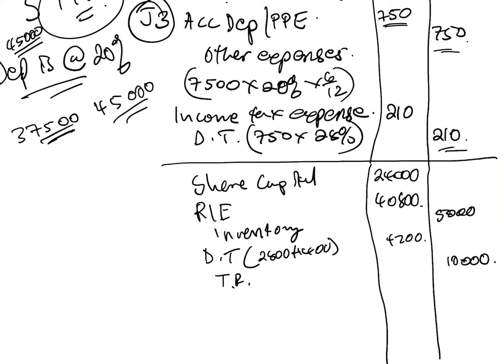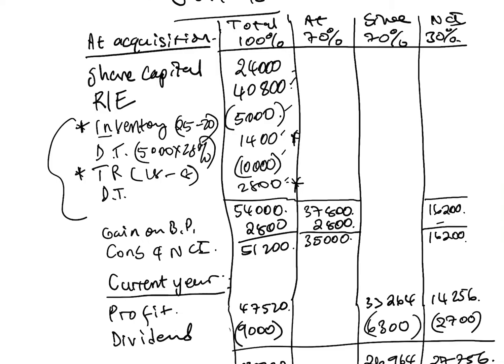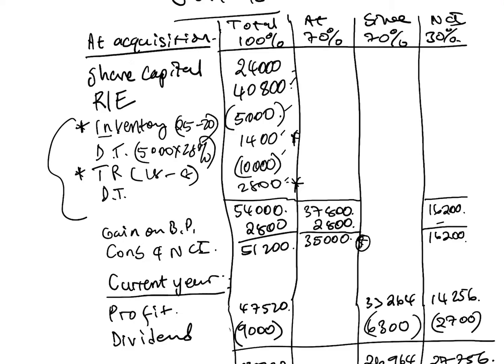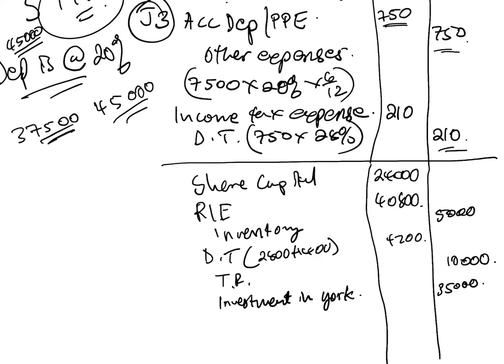Then we are going to reverse the investment that was made by the parent. So credit your investment in York. It was acquired for 35,000, so we're going to credit that one. The balancing figure is the gain on bargain purchase, which we should add to other income because it was done in the current year.